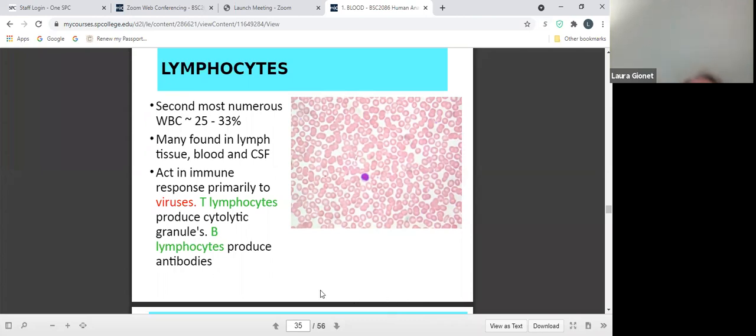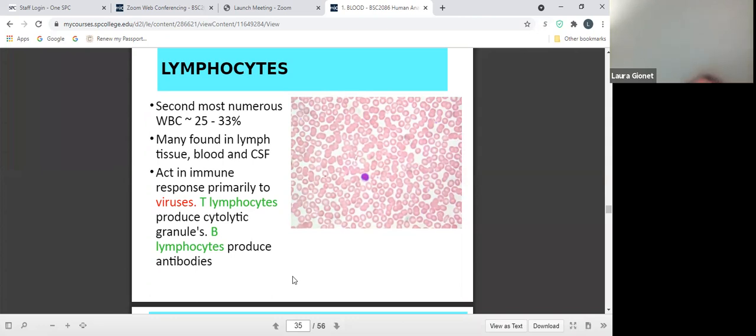Lymphocytes primarily respond to viruses. We have T lymphocytes and B lymphocytes. T lymphocytes are active in producing cytolytic enzymes and granules, which means these granules and enzymes are going to physically break down a virus, versus B lymphocytes, which will morph into what's called a plasma cell, and they make antibodies specifically to a particular virus.